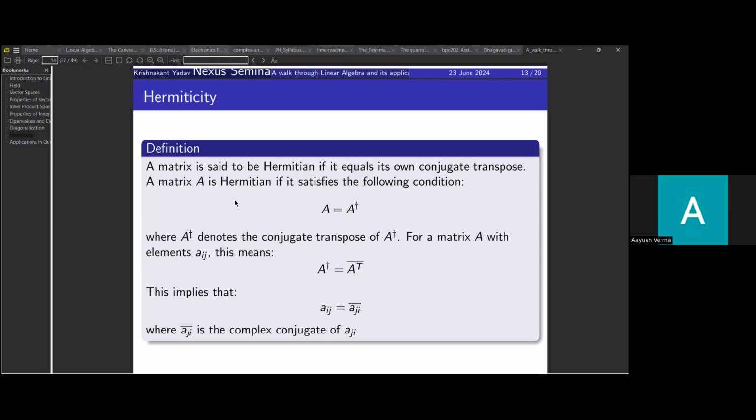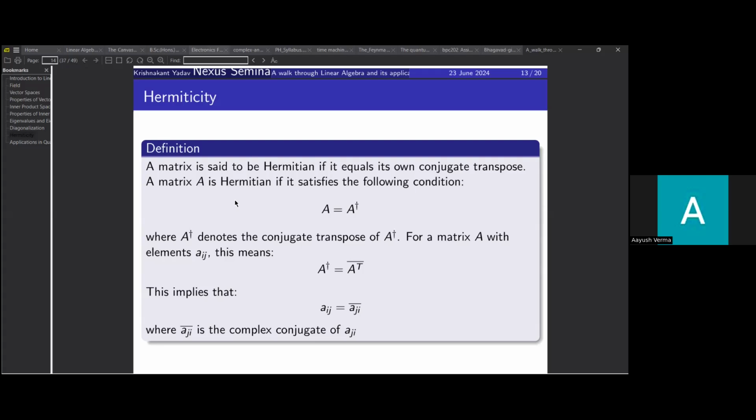For example, the Hamiltonian is an operator which gives the energy of a system. That system is described by psi, a wave function. Any operator acting on this psi will give out some eigenvalue, and that is your measurement.